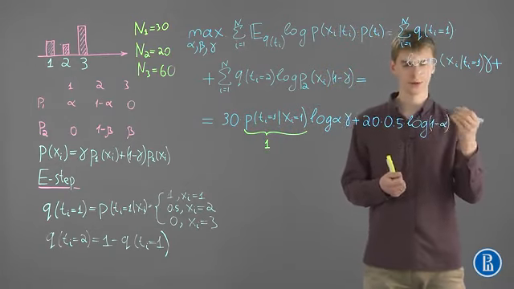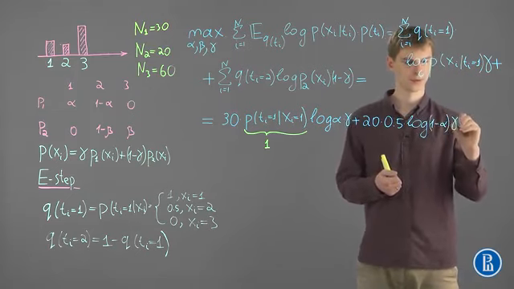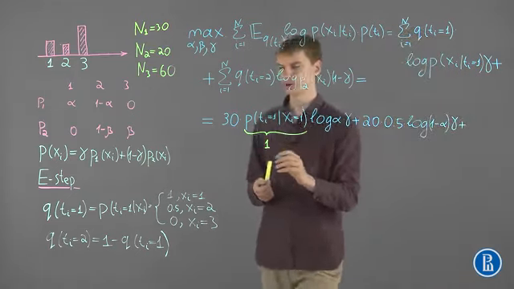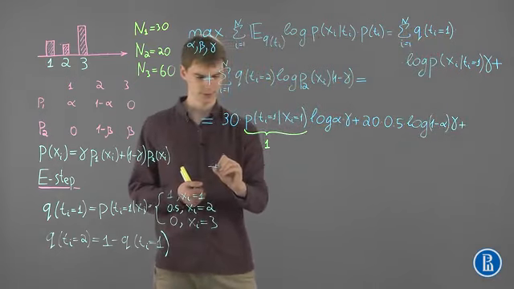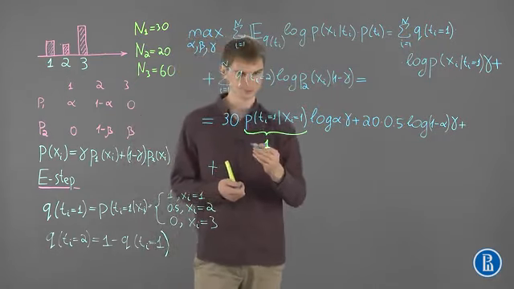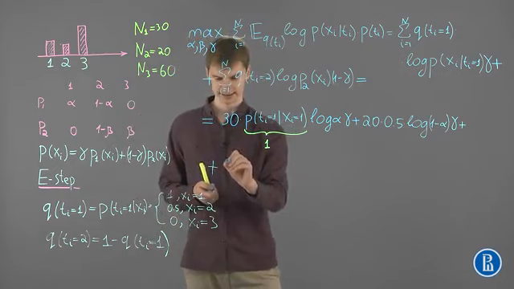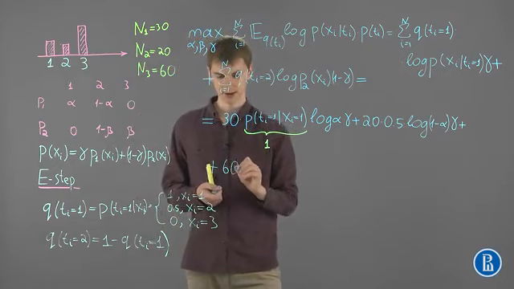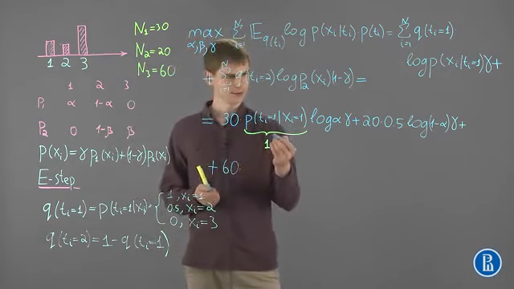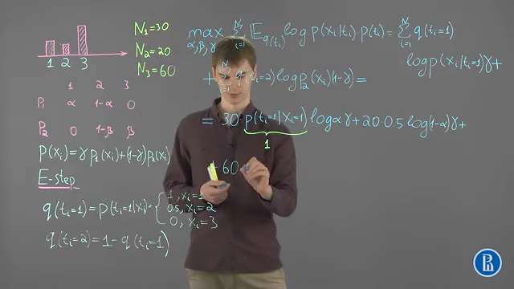It's P1 of 2. Plus the third term, so there will be 60 Xi's equal to 3, and the probability, this Q of Ti, will be 0.